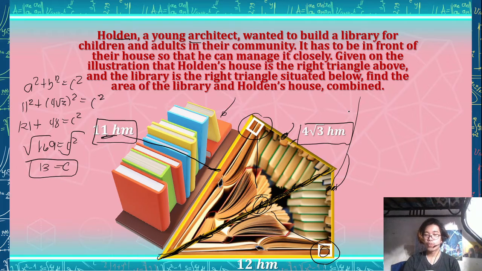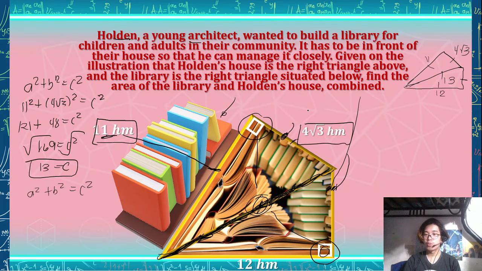So therefore, if we're going to draw the triangle here, this is 13, this is 4 square root of 3, and this is 11. And then we have another triangle here. We know that this is 12, and we can get the side measurement here by using the Pythagorean theorem again, but this time the hypotenuse is given.